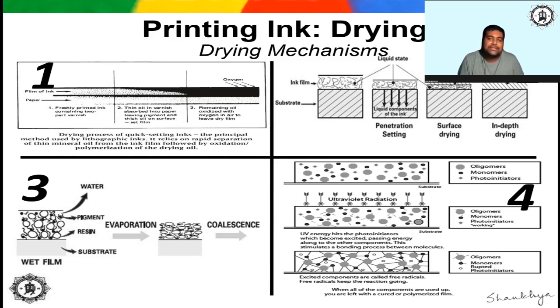So what happens is when they receive this UV light, the photoinitiators release some free radicals. These free radicals attach themselves to the monomers and they become very much active.